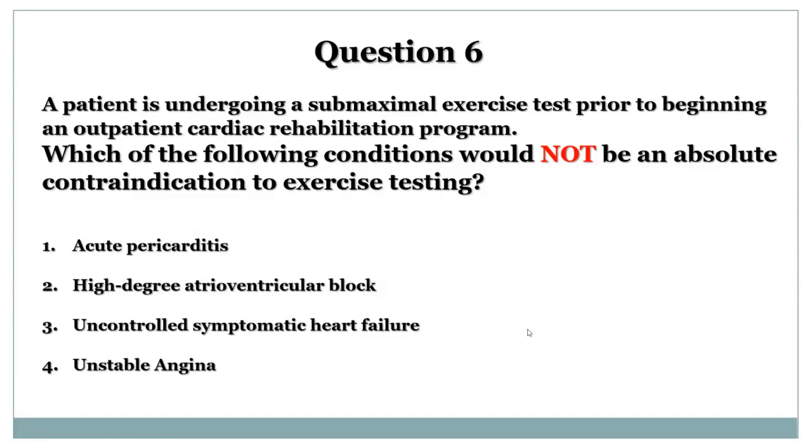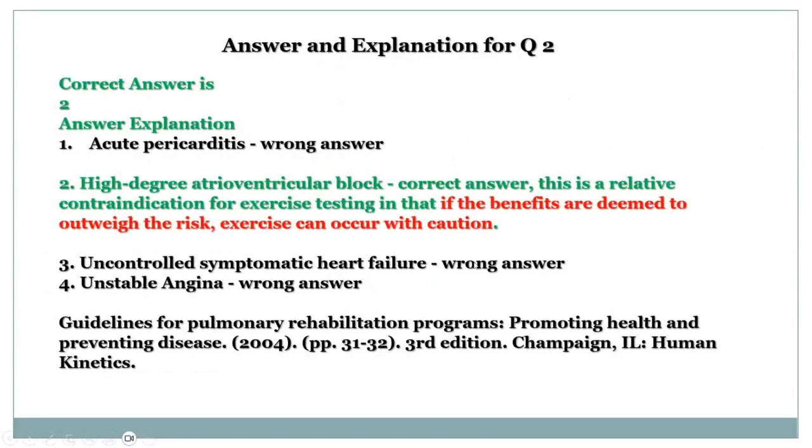But for high degree atrioventricular block, here you can weigh the benefits versus the risk. This is a relative contraindication for exercise testing. Exercise can occur with caution. Let's explain what is meant by high degree atrioventricular block.